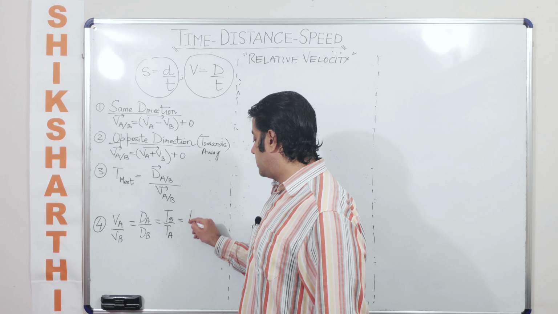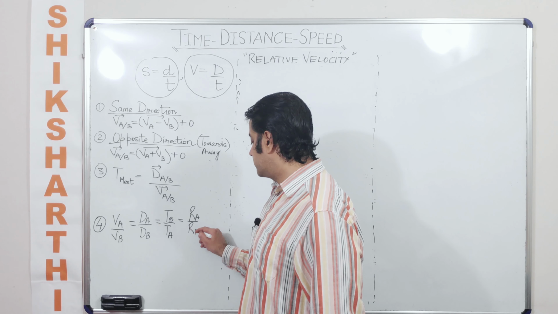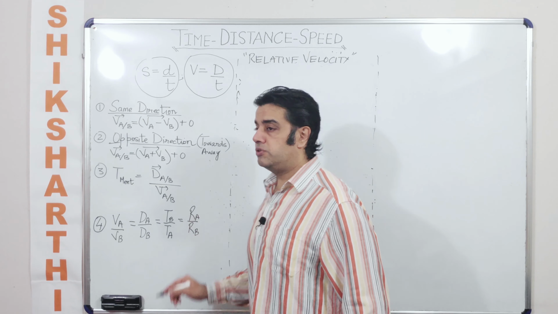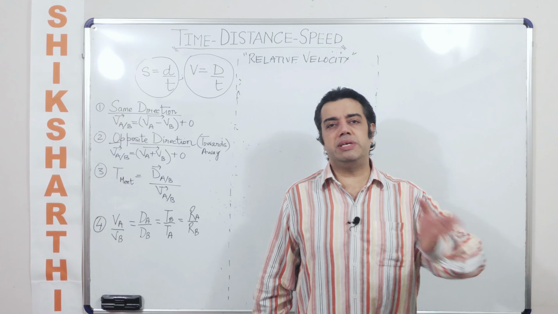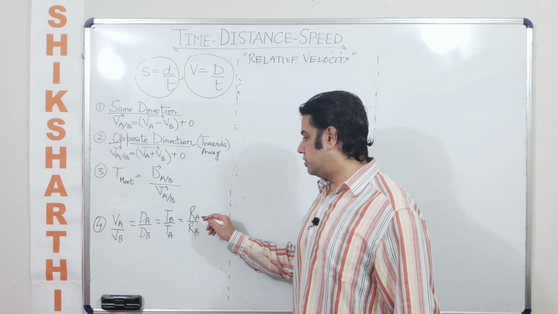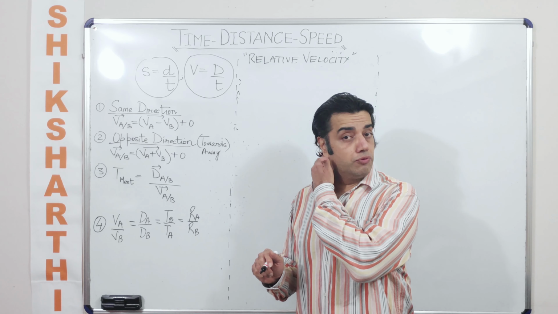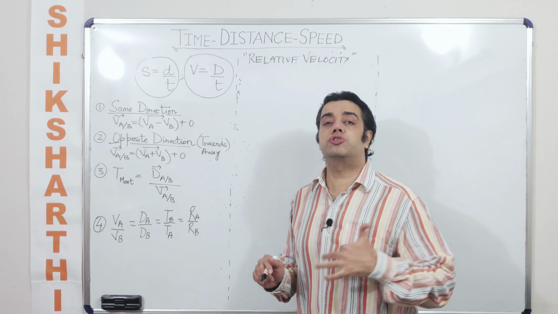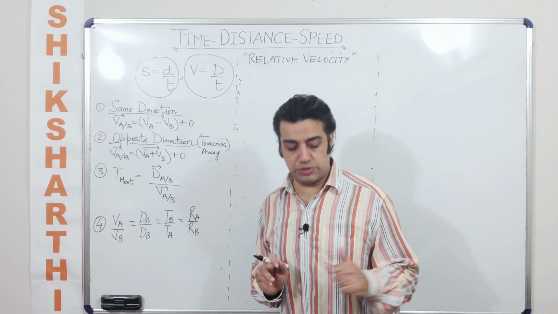And this is equal to the number of rounds taken, directly proportional. And why have we brought in number of rounds? Number of rounds in a certain sense is the distance or the displacement that is being covered. So velocity or speed is directly proportional to the number of rounds taken by that individual who is either walking or running or doing whatsoever, right? These are a few concepts that we'll be using.